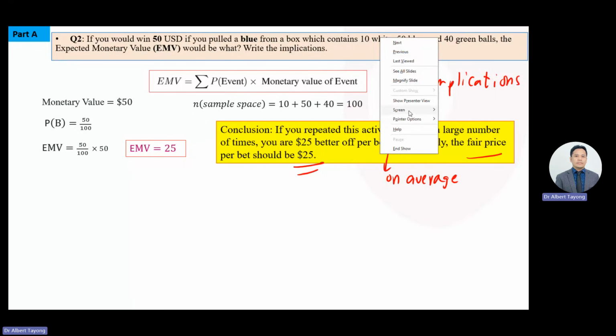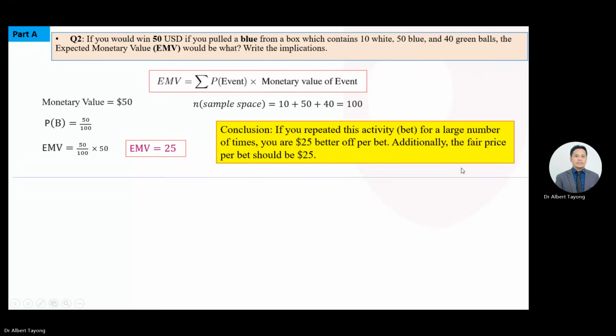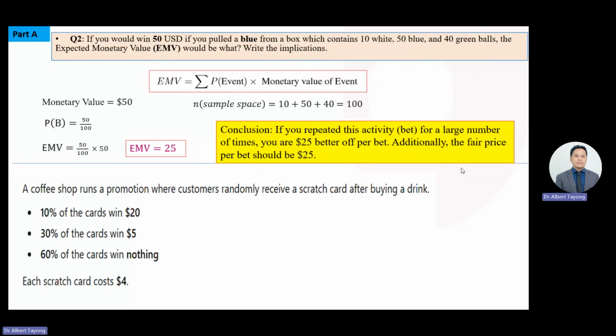Let's have another example here. Okay, so this is the second example. A coffee shop runs a promotion where customers randomly receive a scratch card after buying a drink. And it's discovered that 10% of the cards win $20, 30% of the cards win $5, and 60% of the cards win nothing.